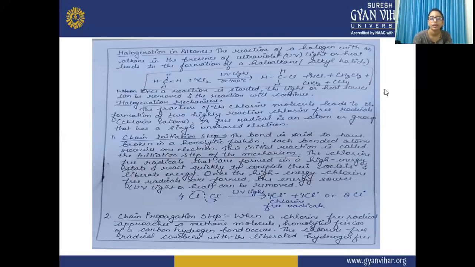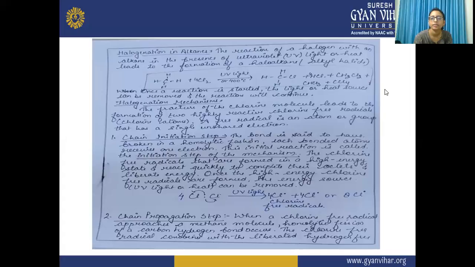So here 3 steps will be involved. First is your chain initiation step, second is your chain propagation step, third is your chain termination step. In the first chain initiation step, the bond is said to have broken in a homolytic fashion. Each bonded atom receives 1 electron.